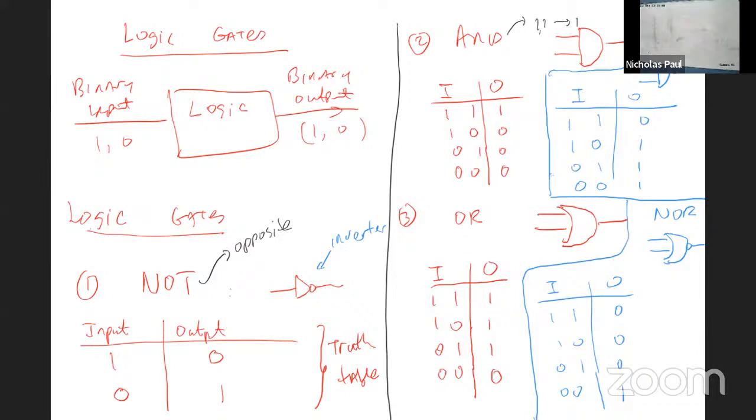Sorry, for the NAND gate, two 1s give you a 0. For the OR gate, all you have to remember is a 1 will always give you a 1. And for the NOR gate, all you have to remember is a 1 will always give you a 0. It's sort of a shorthand to remember it.